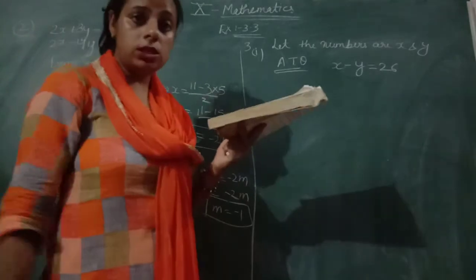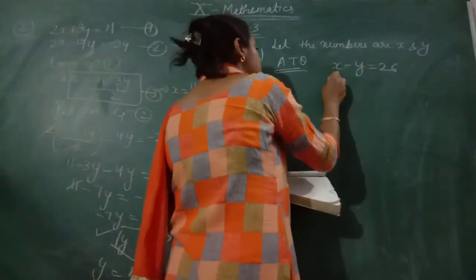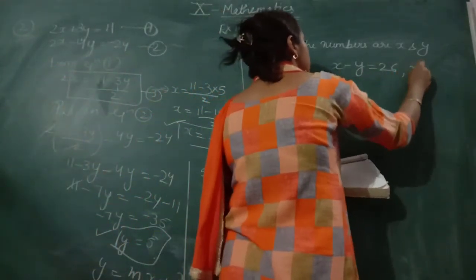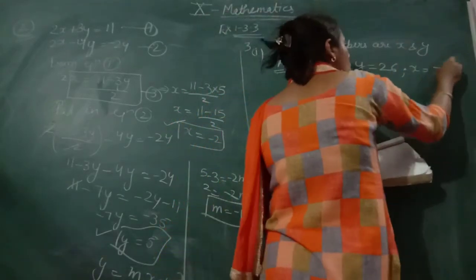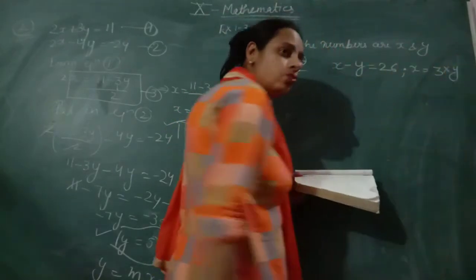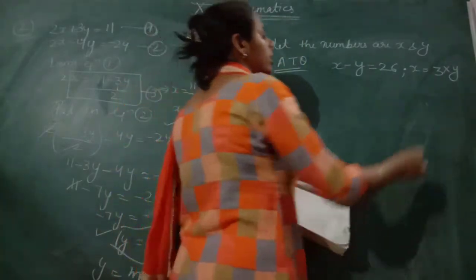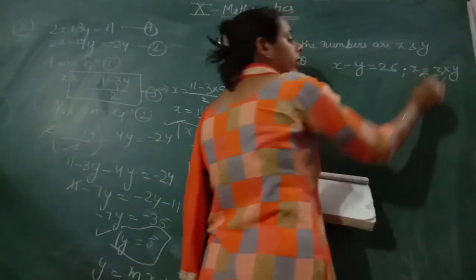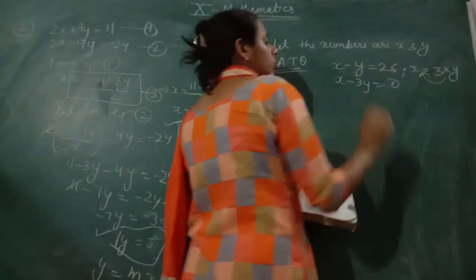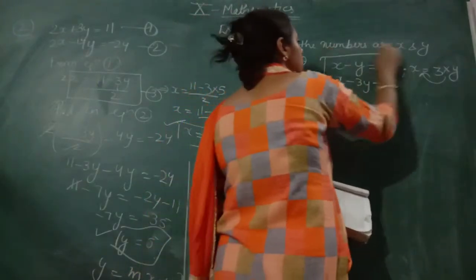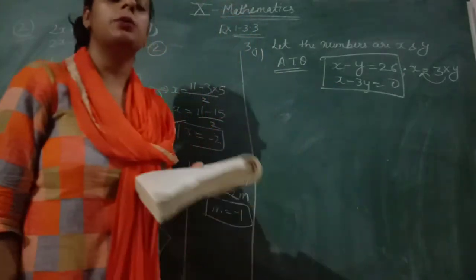There is another statement: one number is equal to 3 times the other. So taking everything on one side, x - 3y = 0. This is a pair of linear equations. You have to solve it by the substitution method.